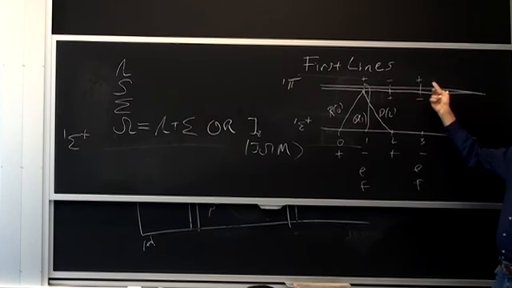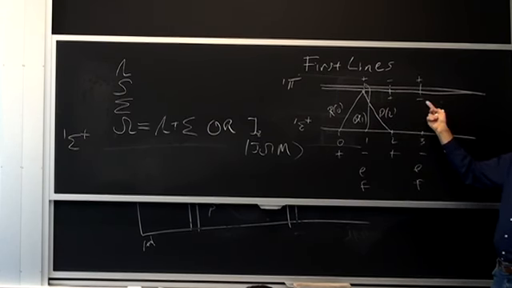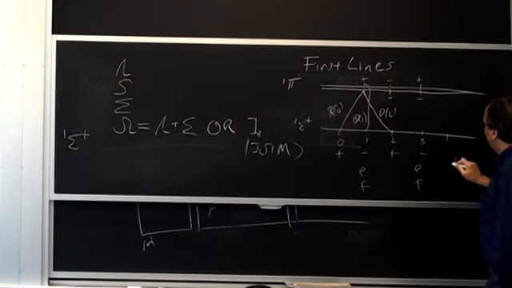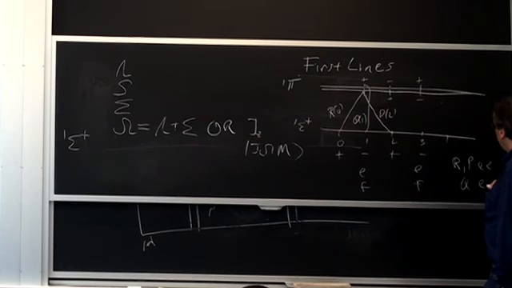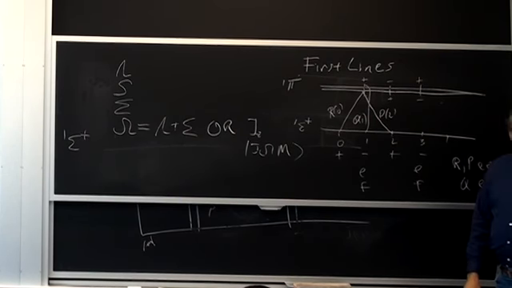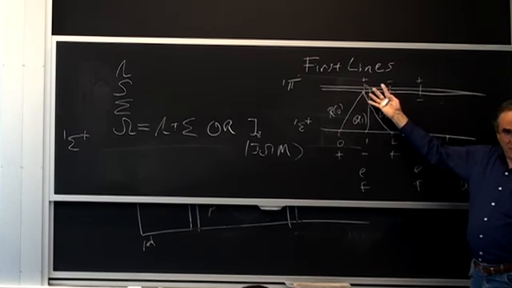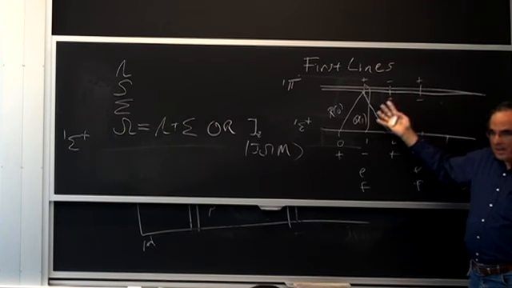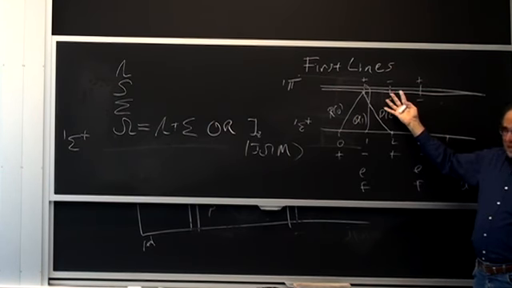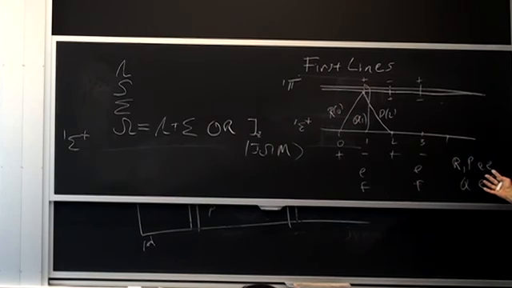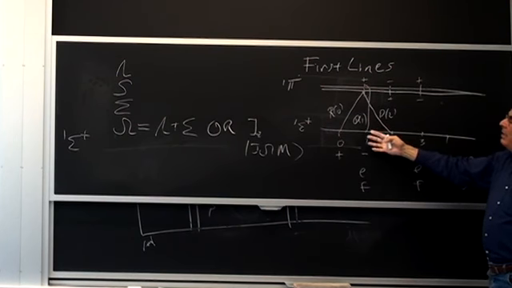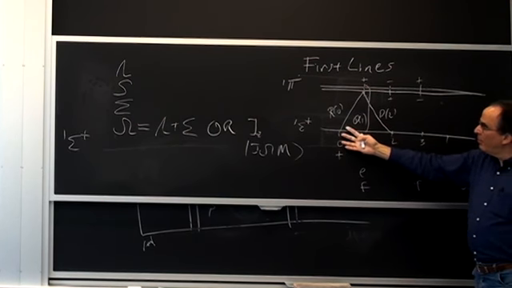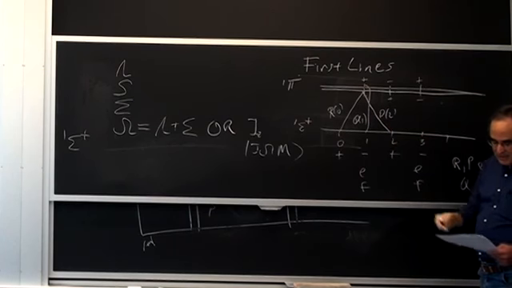So all of these levels are E, and all of these levels are F. And what you discover is R and P branches are always E to E, and Q branches are always E to F. As opposed to this less convenient diagram, I mean, you can remember it, but this is much more useful for thinking about what the spectrum is going to be. So you make these little diagrams, and they tell you what to look for in order to make definite assignments.